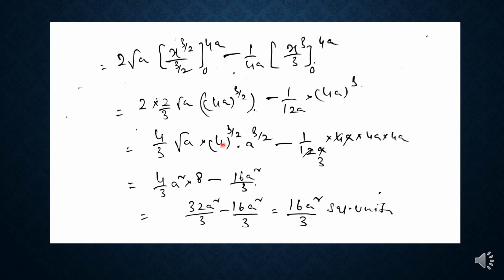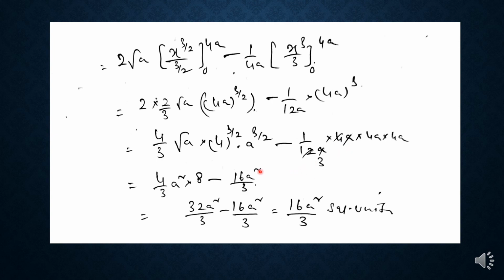Here 4 to the power of 3 by 2 can be written as 2 square whole to the power of 3 by 2. 2 cancels, then 2 cube will remain. 2 cube means 8, into a to the power of 3 by 2, minus 1 by 12a into 4a whole cube, which means 4a into 4a into 4a. So here a cancels, 4 3s.